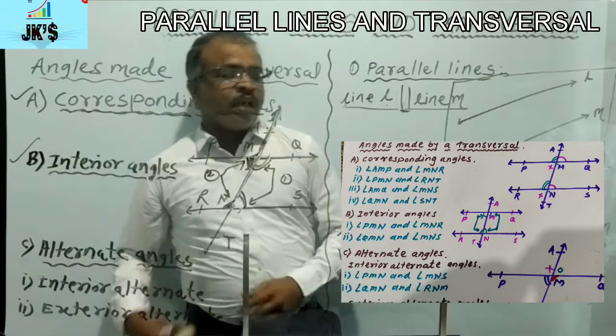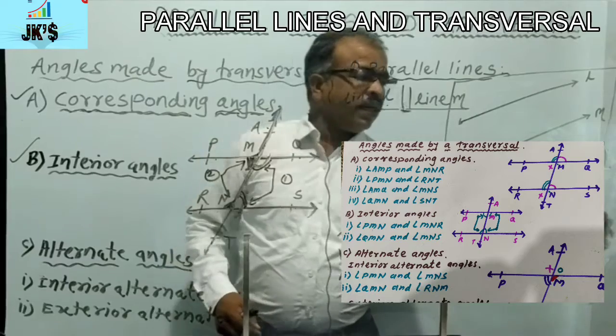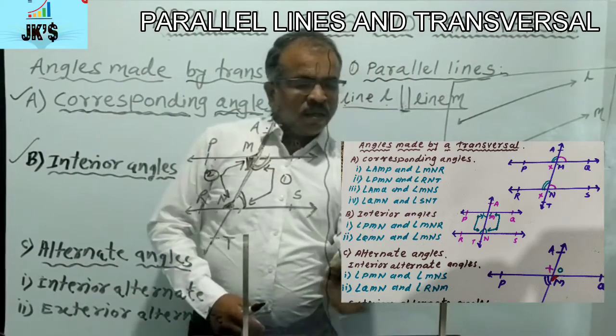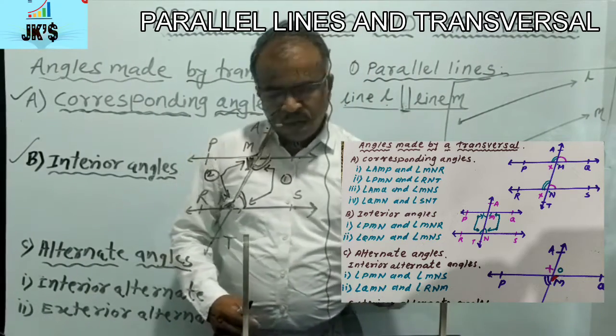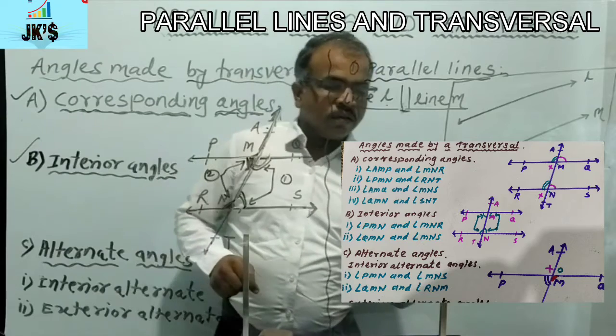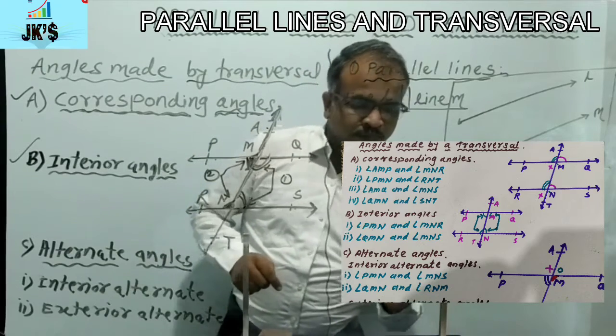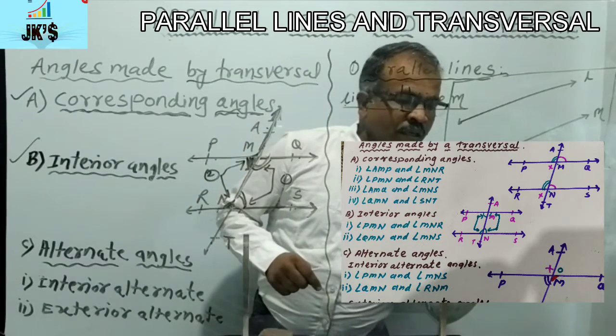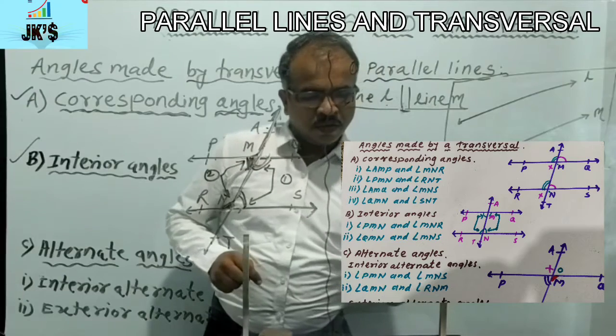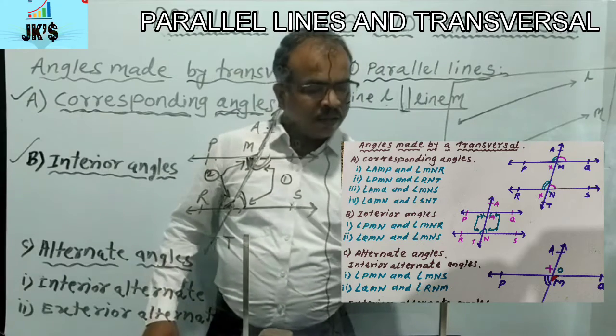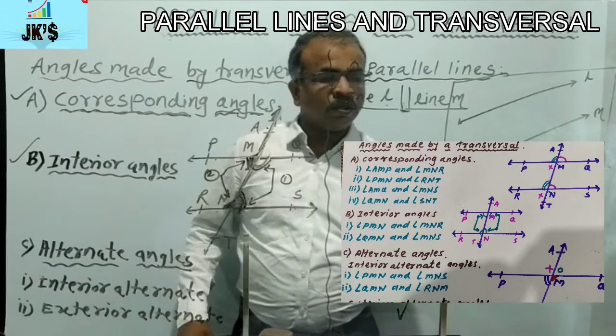For alternate angles, we take the figure. Suppose these are the 2 lines and this is their transversal.